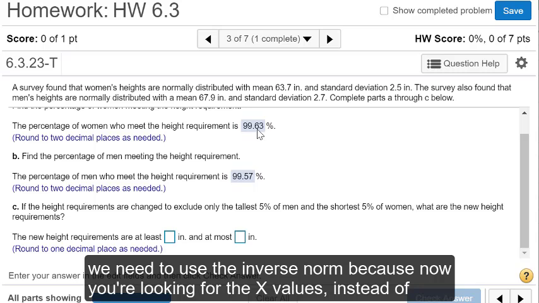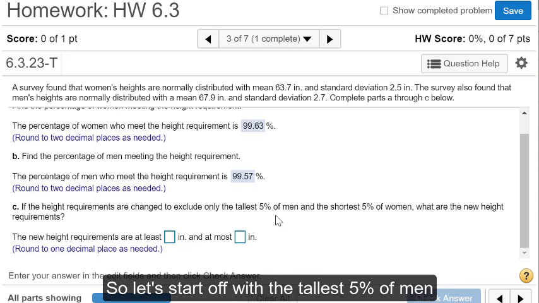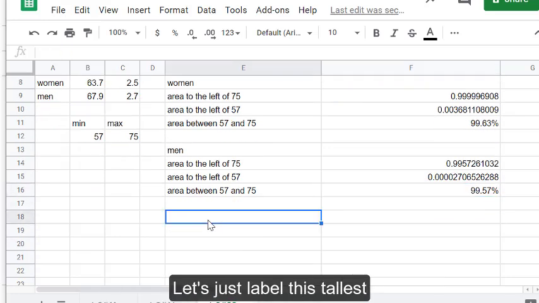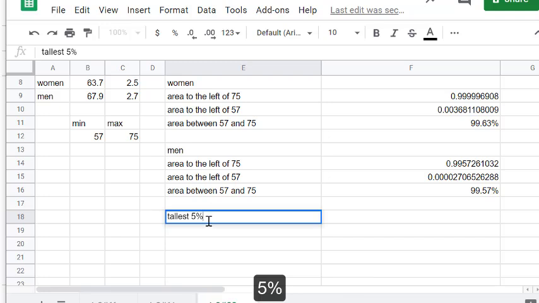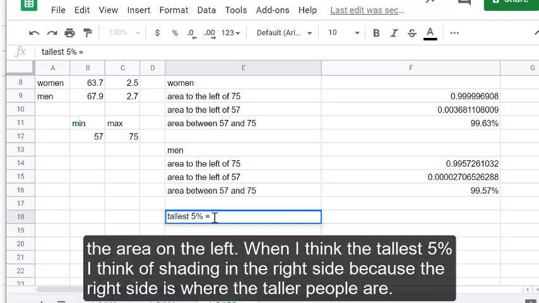Instead of looking for the areas or the probabilities or the percentages, you're looking for x values. So let's start off with the tallest 5% of men. So let's just label this tallest 5%.